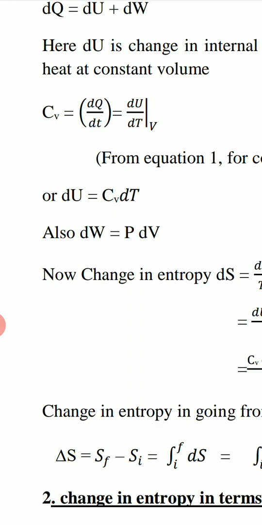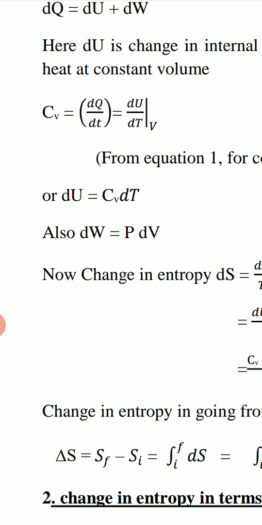Definition of Cv is dq upon dT, dT is change in its temperature, and we write Cv to represent that it is for constant volume V.